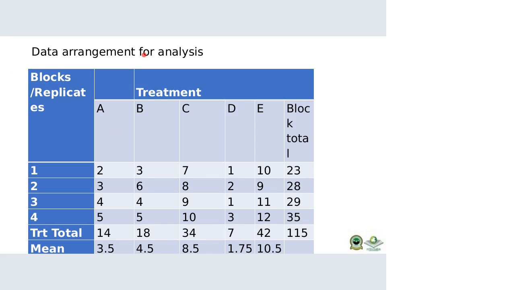For the blocks, remember we have 4 replicates. We have all the values we got across all the replicates: 23, 28, 29, 35, and our grand total is still 115.